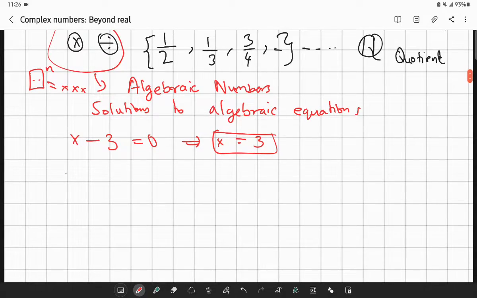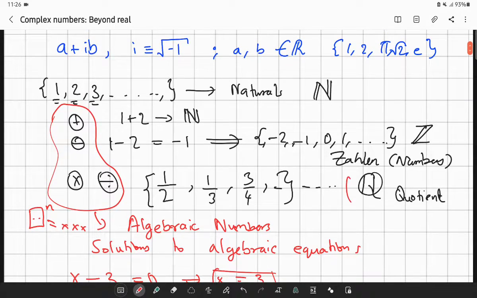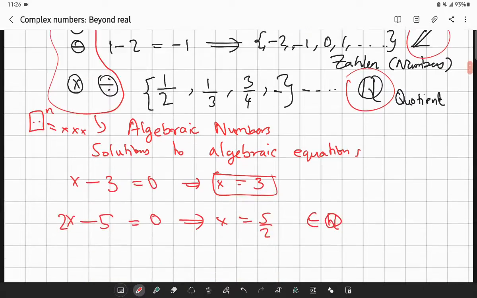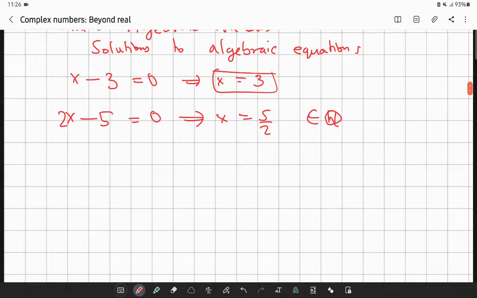And similarly, if I have 2x minus 5 equals 0, then x is 5 over 2. Now 5 over 2 belongs to Q, the rational numbers, and also belongs to algebraic numbers. So algebraic numbers are kind of like a generalization of Q, Z, and N. Now, if we take equations like x squared minus 2 equals 0, what is the solution?